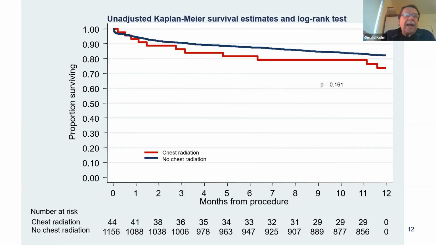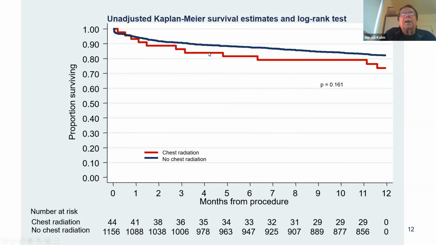Now, in my example here, we have a kind of an issue with a real imbalance in the number of patients in each group here, chest radiation or no chest radiation. So that's kind of a problem, but it illustrates the Kaplan-Meier survival curve when it's plotted, and you get this stair-step kind of plot here where when there is a decrease, that means an event is happening.